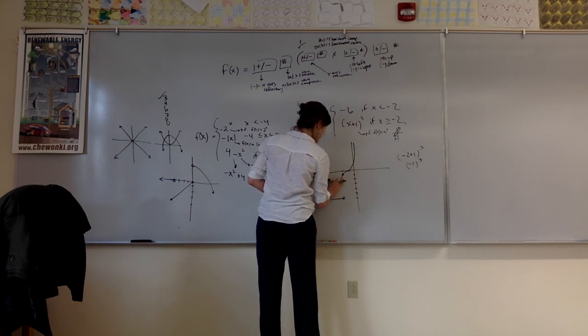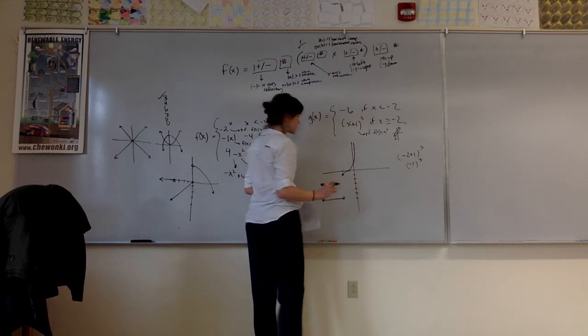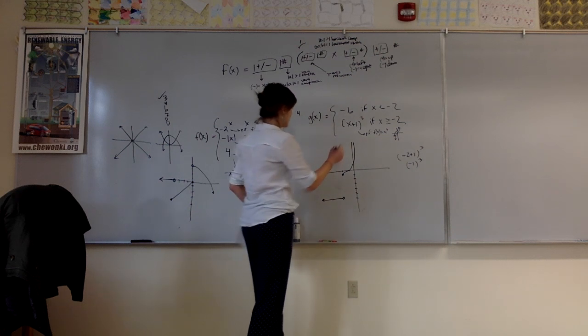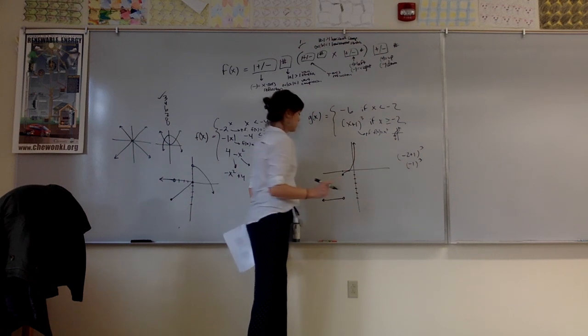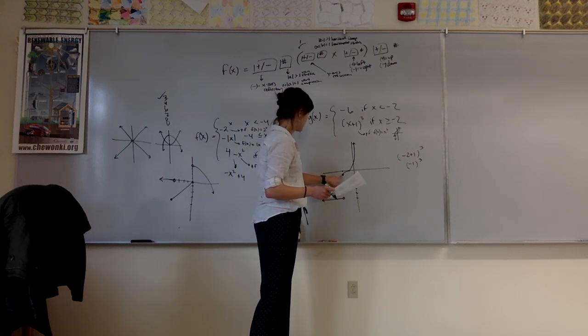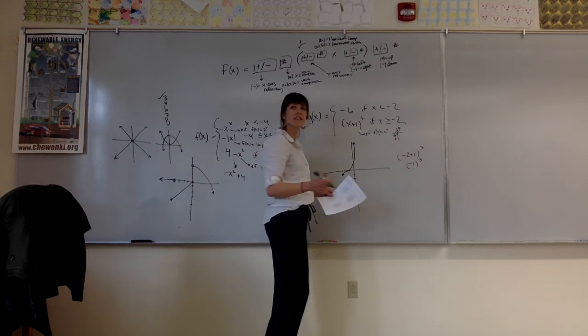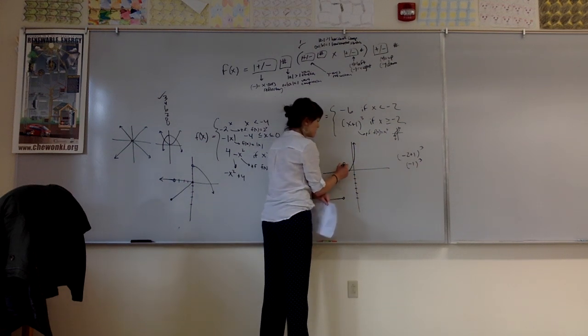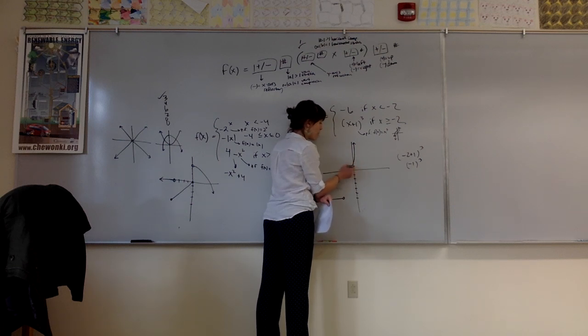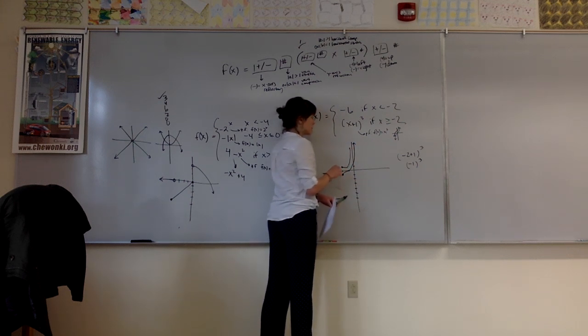And then erase that. And if it was a quartic, I'd have an open circle or a closed circle here at positive 1, and it would be kind of flat. I think I did it right.